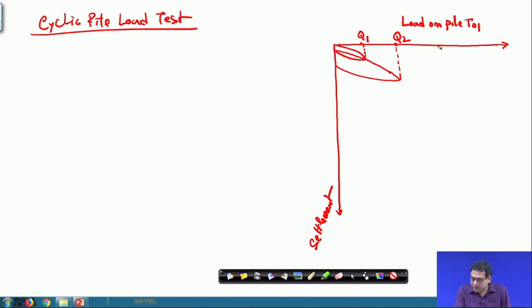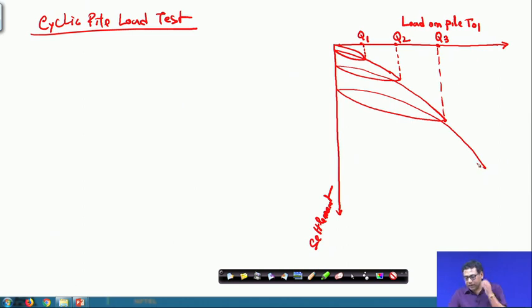Then you apply the third increment Q3, and again you unload that, and so on. So, this is the cyclic test, the load versus settlement plot.